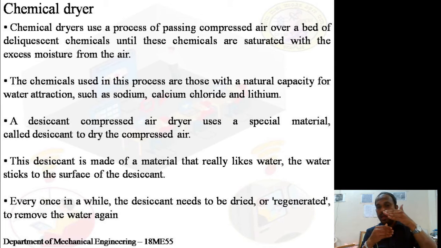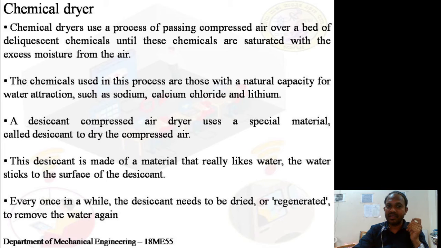This porous material, made up of these chemicals, makes the air extremely dry, with a dew point of -40 to maybe -100 Fahrenheit, as it exits the dryer. So up to that extent it makes it dry.